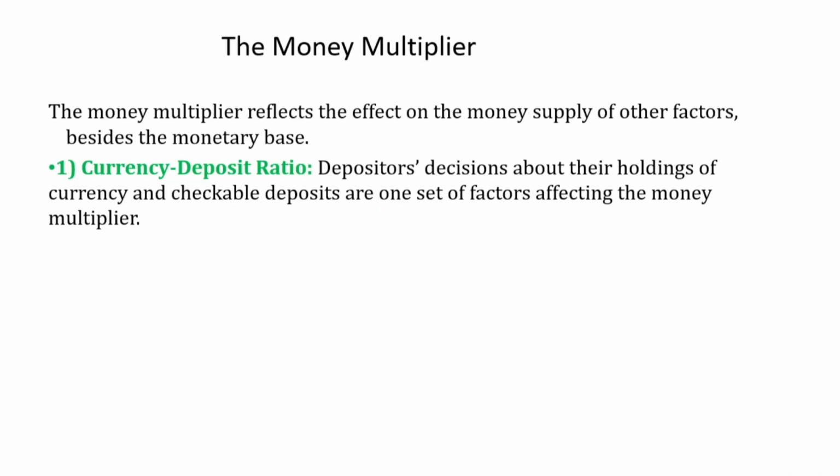In order to derive the money multiplier formula, we need to define some of the factors affecting money supply besides the monetary base. One is the currency deposit ratio. The depositors' decisions about their holding of currency and checkable deposits are one set of factors affecting the money multiplier.